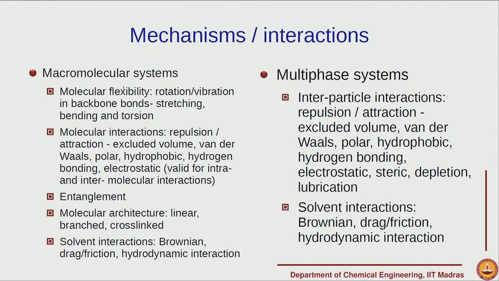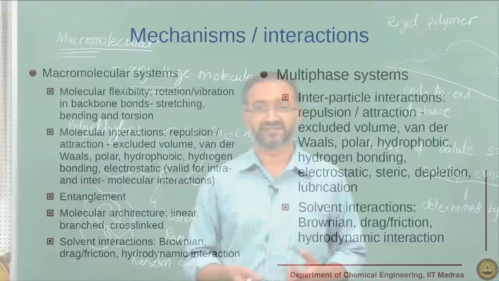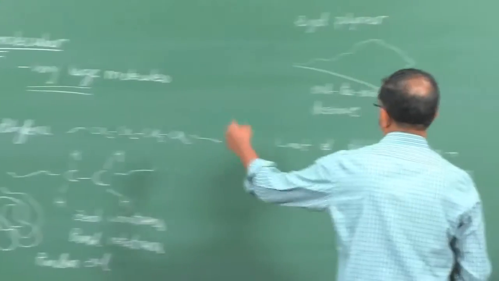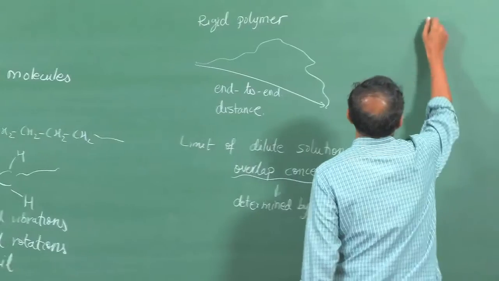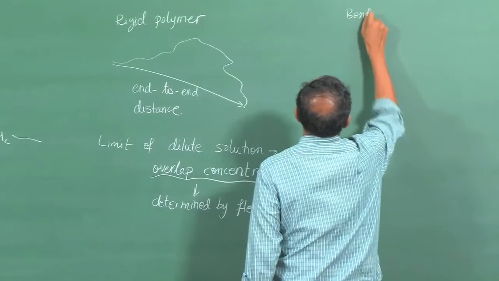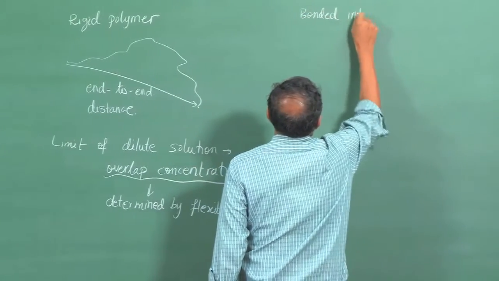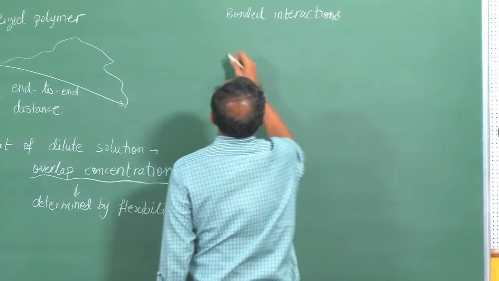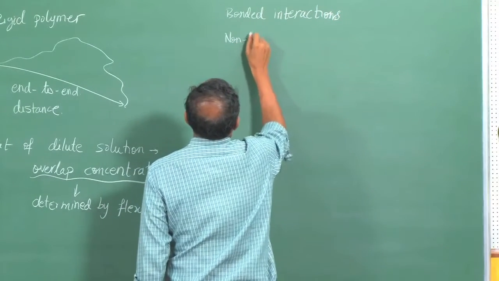Right now, the next set of things are related to interactions. So, non-bonded interactions. Generally, what we have talked about are all examples of bonded interactions. And now we will talk in terms of non-bonded interactions.